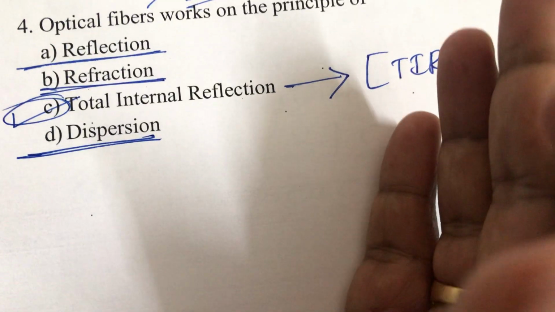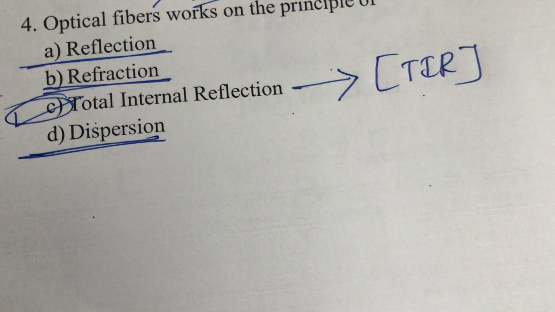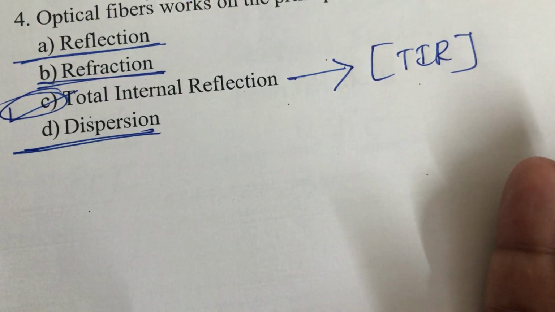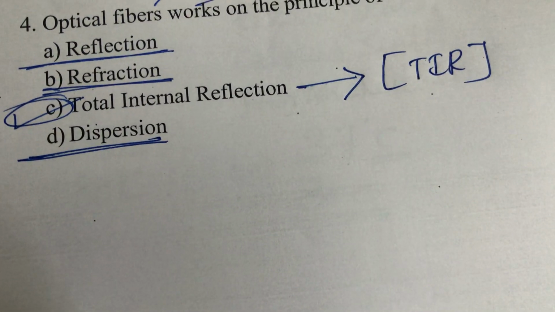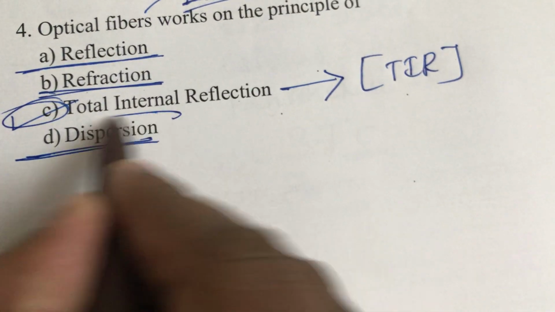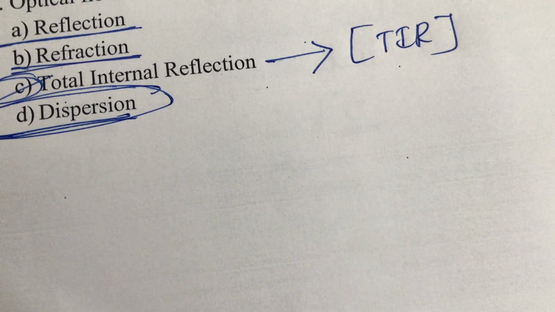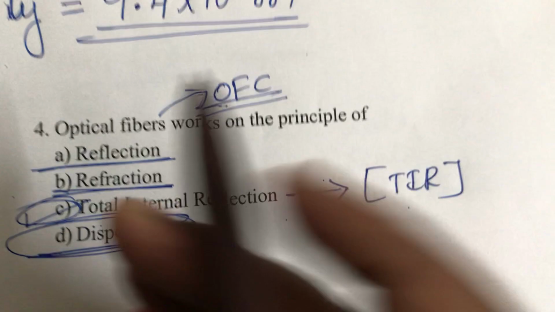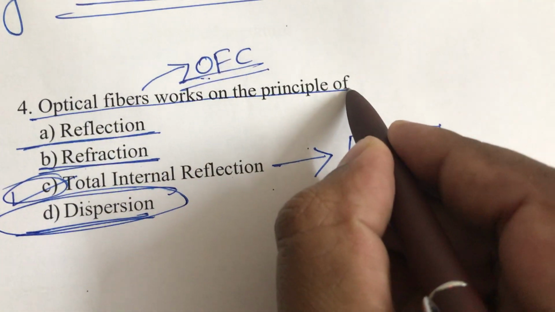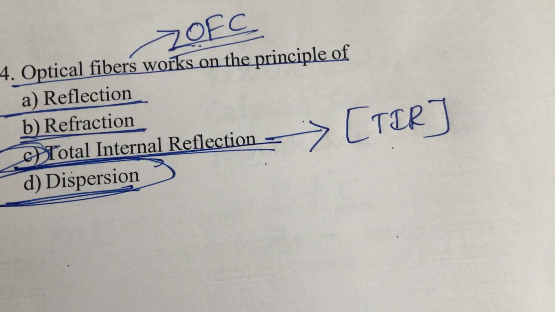When light passes through atmospheric particles like dust particles, water particles, and other particles, it is going to split and scatter. The splitting of light into its 7 component colors is called dispersion. Dispersion is one of the reasons for the formation of rainbows in nature. But optical fiber works on the principle of total internal reflection, or TIR.